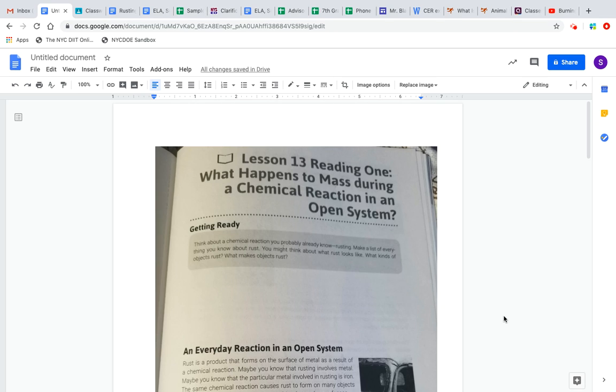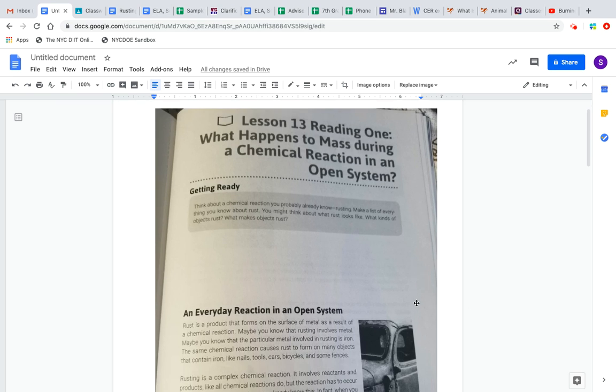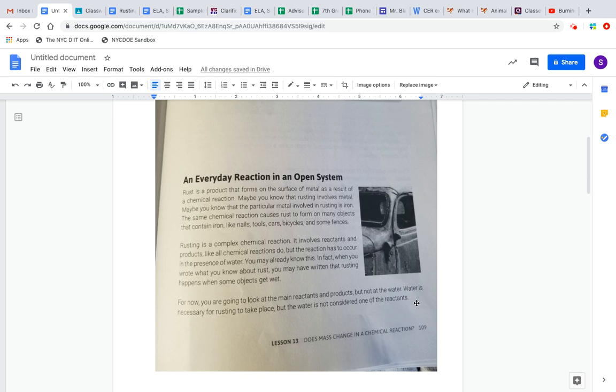And when you look into the Google Classroom, you'll see that that question is your activator or your do now question. And then after you answer that, we're actually going to talk about rust and what it looks like. So even though you're hearing this, I want you to just jot down those notes first on what you think rust is before you listen to this portion. So even if you have to put your computer on pause for a moment, please do that.